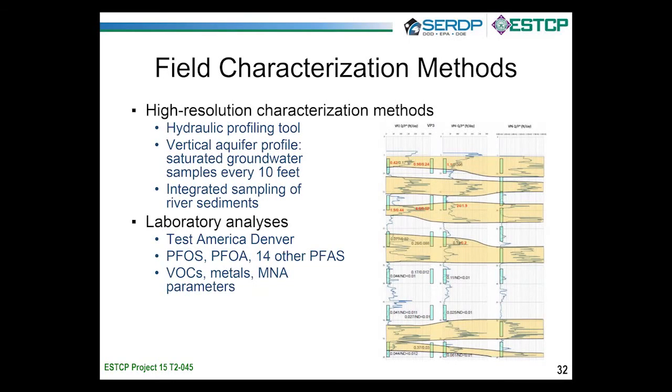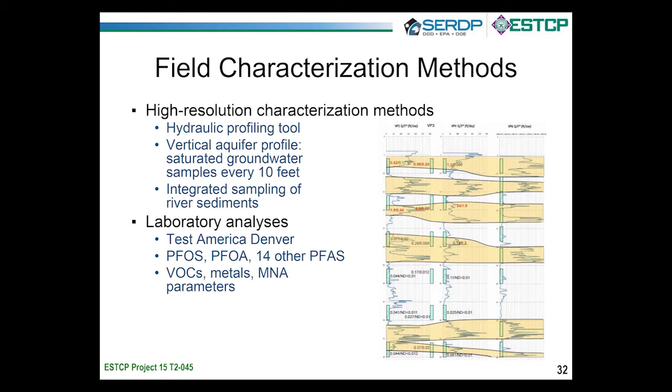It is always important when a new compound emerges to not necessarily reinvent the wheel as far as the methodologies available for sampling. So we relied a lot on high-resolution characterization methods that were shown to be effective for other contaminants.